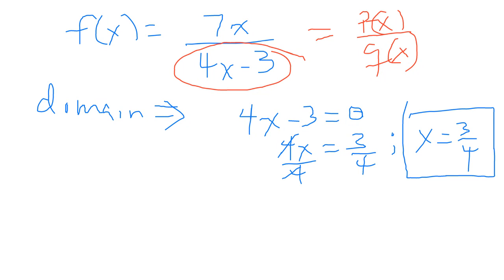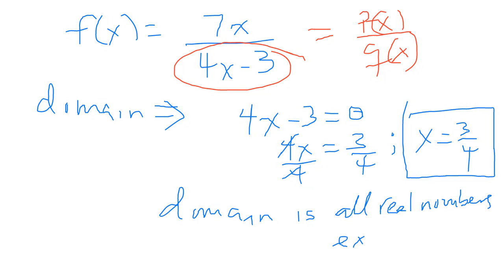What does this mean? It means the domain is all real numbers except x equals 3 over 4. Because when x equals 3 over 4, q of x equals 0.